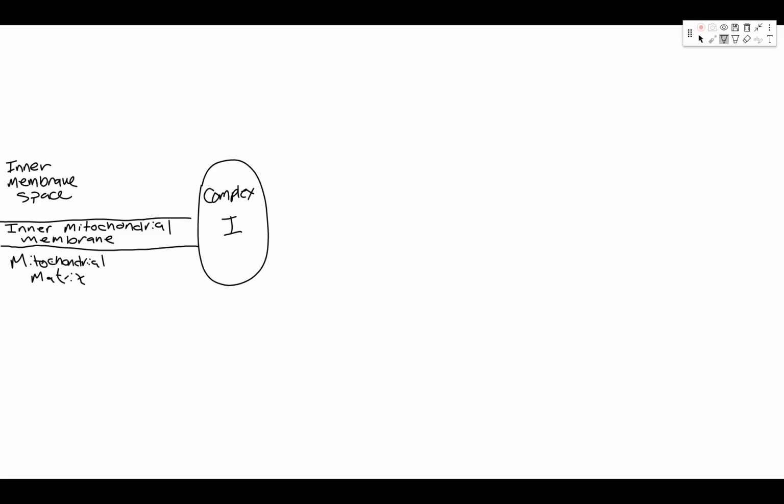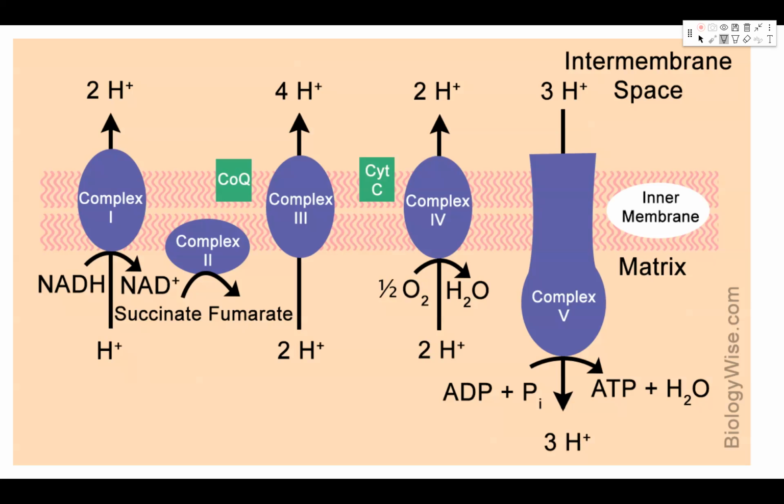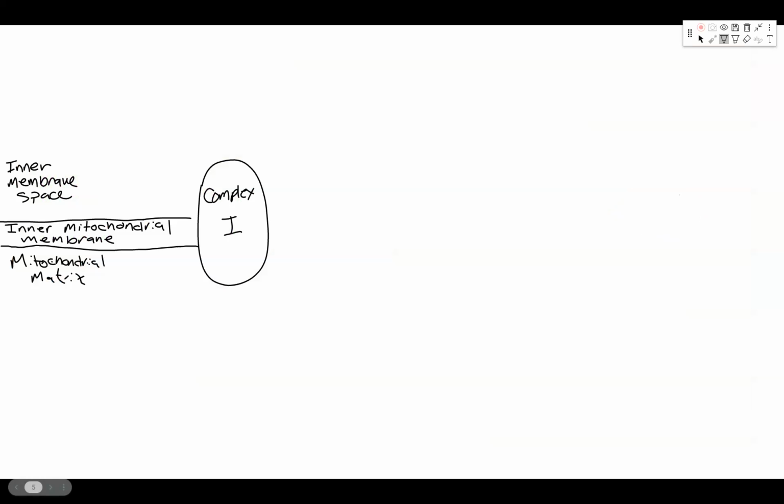Flipping back to our more detailed image, we then have complex 2, which is not a transmembrane protein. It doesn't go all the way across. So we have a little bit of space in our membrane, and we have complex 2.